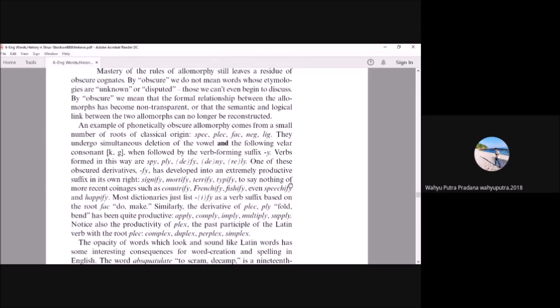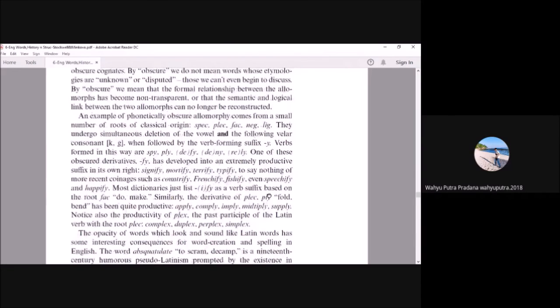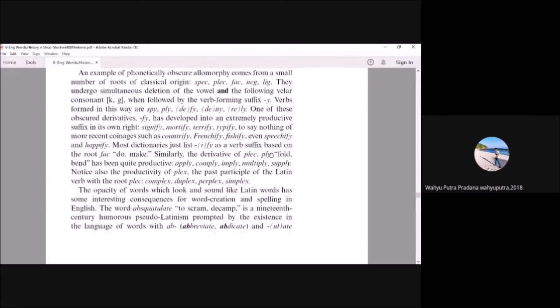An example of a phonetically obscure alloform comes from a small number of roots of classical origin, such as spec, plic, fac, nic, and lig. They undergo simultaneous deletion of the vowel and the following velar consonant when followed by the verb-forming suffix y.